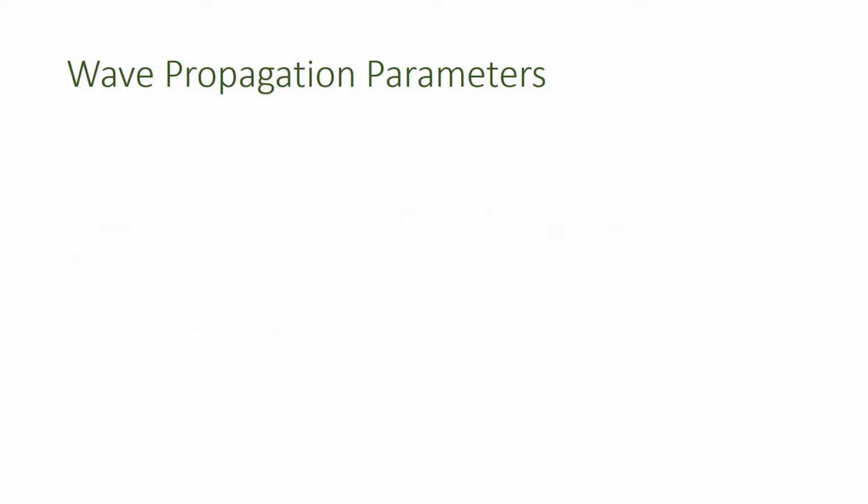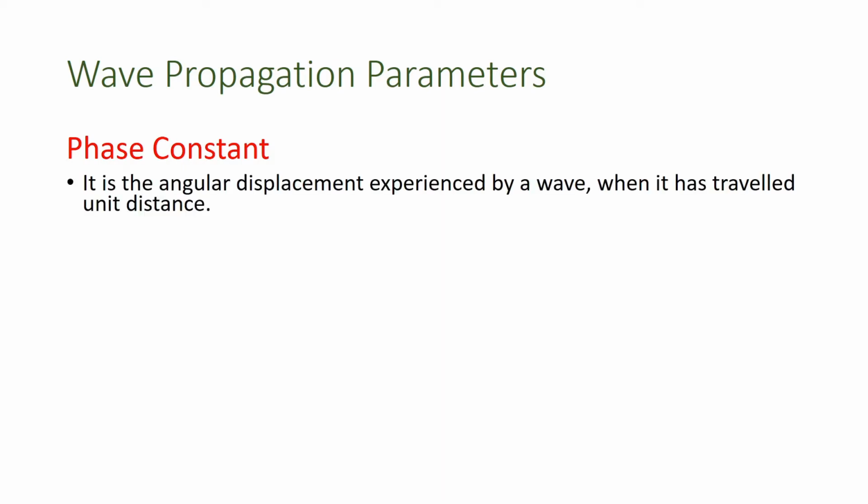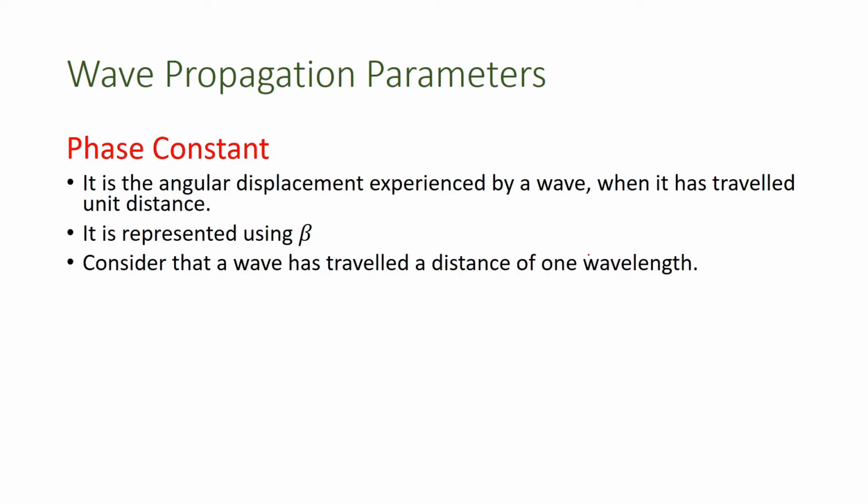The next wave propagation parameter we'll be discussing is phase constant. The difference between phase constant and the angular frequency is angular frequency is angular displacement per unit time, whereas phase constant is the angular displacement per unit distance. So consider that a wave has traveled a wavelength lambda.